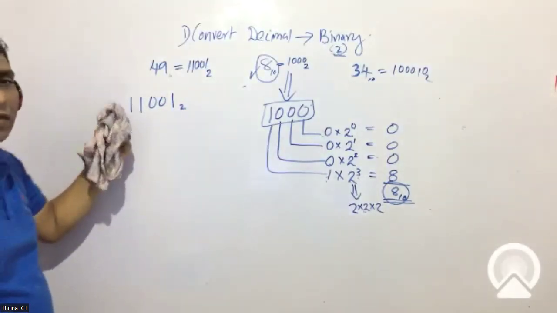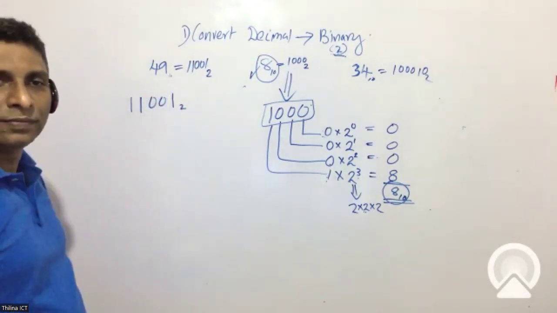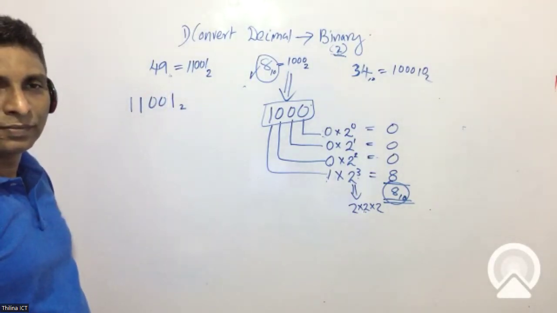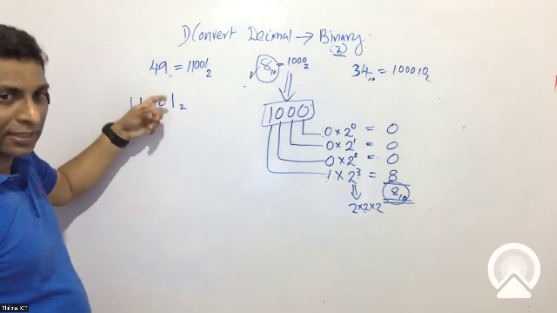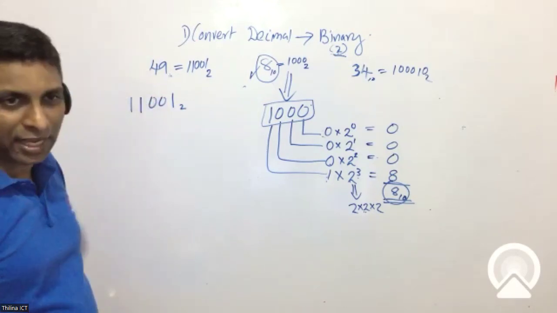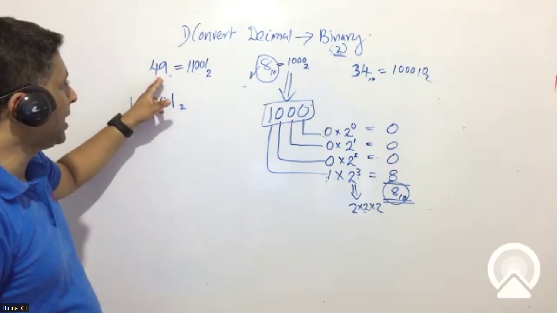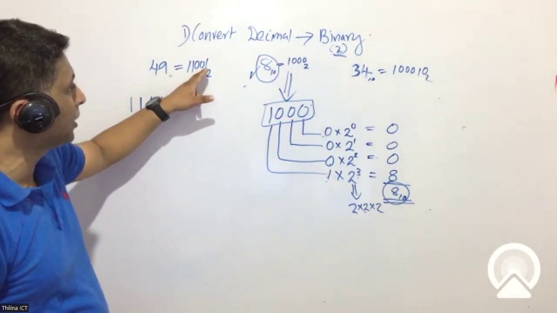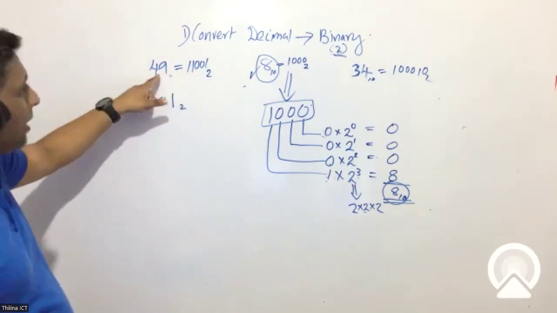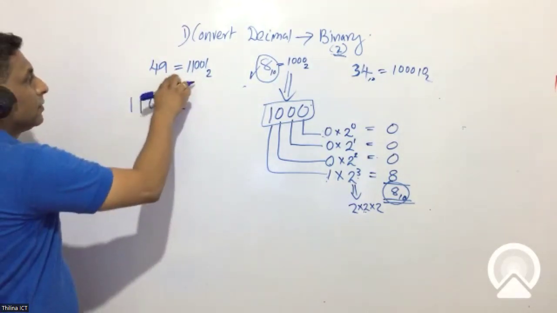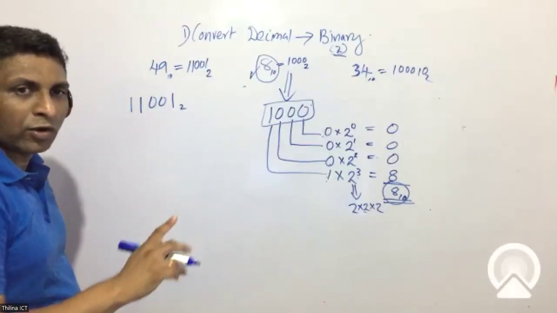So what answer should we get once we convert this one? Once we convert this binary number, we should get the decimal 49. So if 49 equals 110001 in base 2, if we convert back, we should get 49 in base 10.